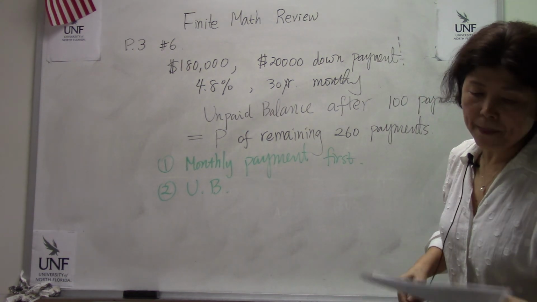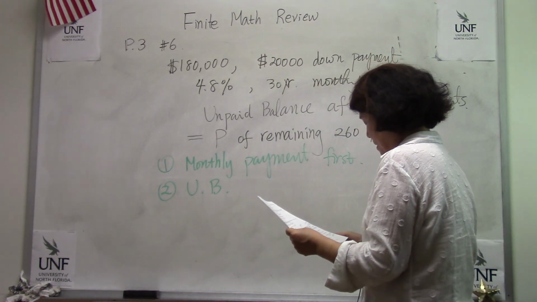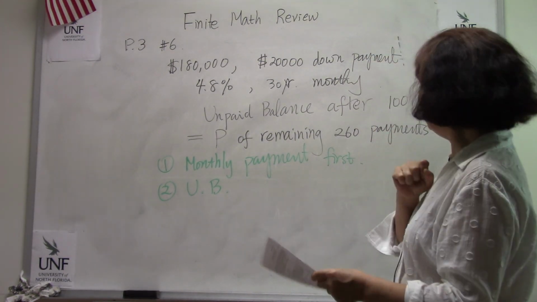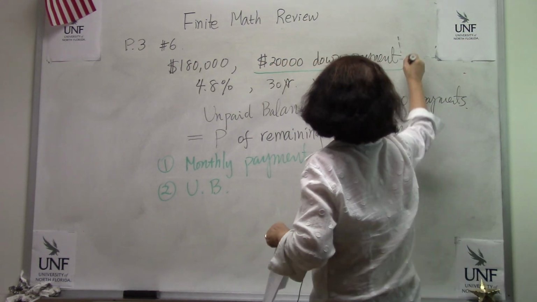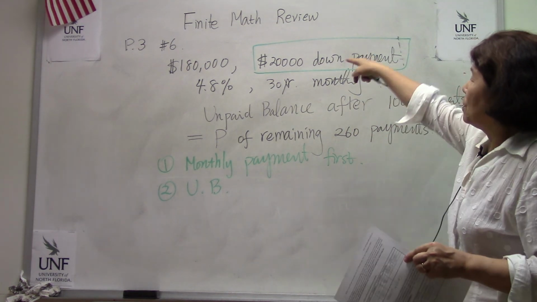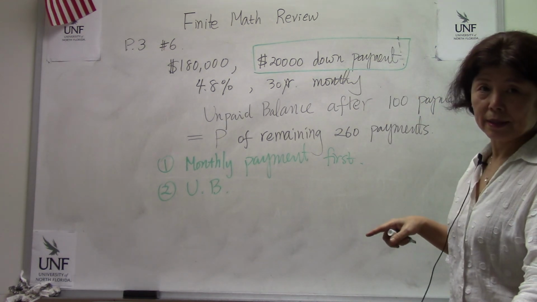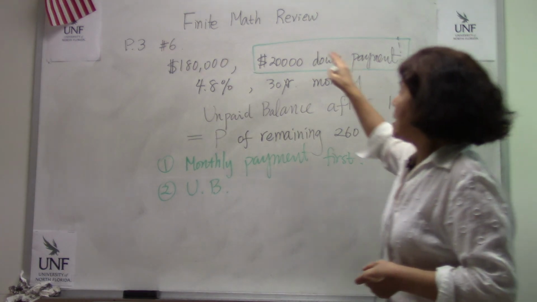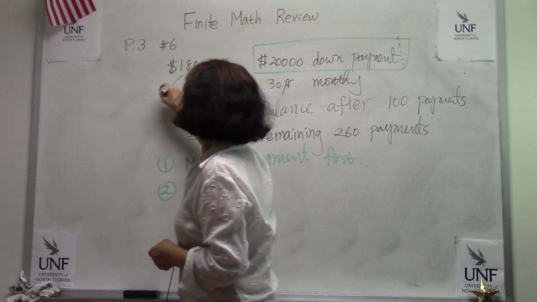So what is the payment? Oh, by the way, I almost forgot. When they bought the house, they put $20,000 down. So this is the house price, they paid this, so how much is the loan?